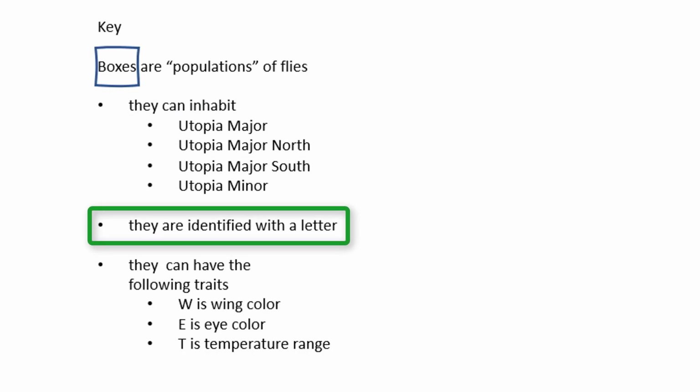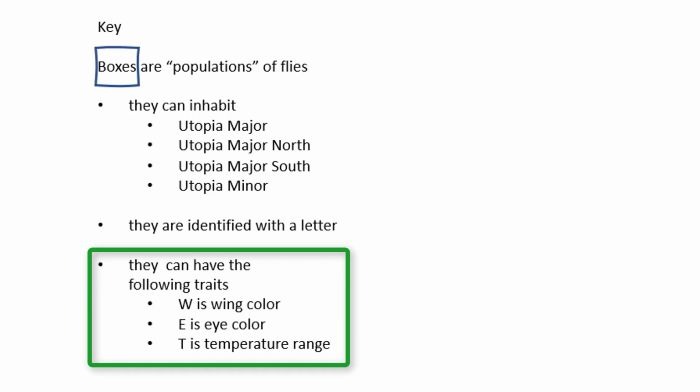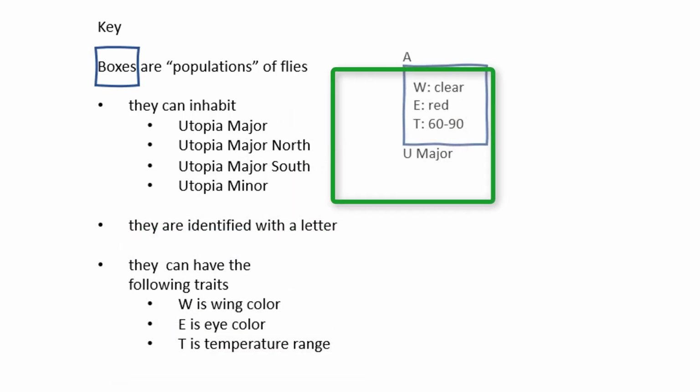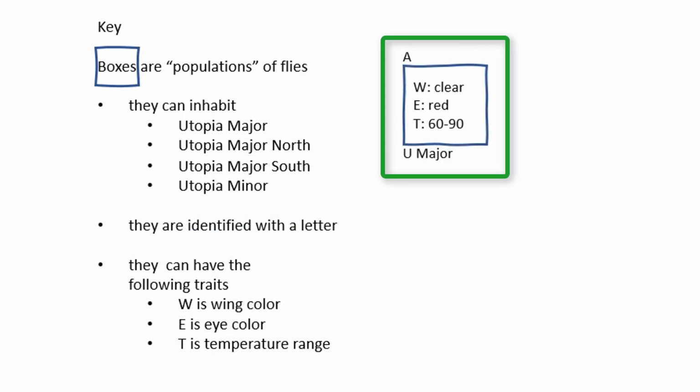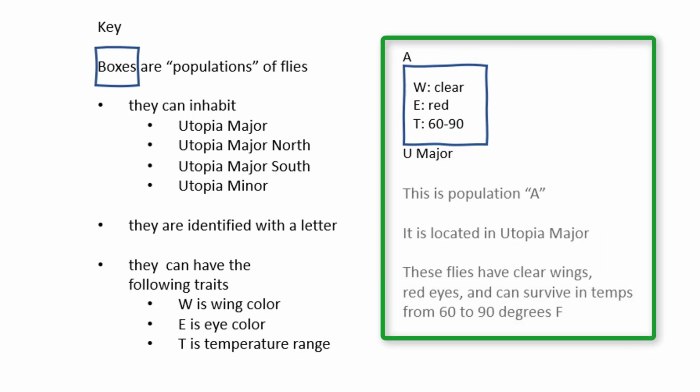They are identified with a letter, and they can have the following traits. Let's look at an example. This is fly population A. It is located in Utopia Major. These flies have clear wings, red eyes, and can survive in temps from 60 to 90 degrees Fahrenheit.